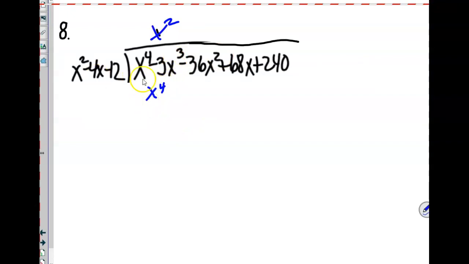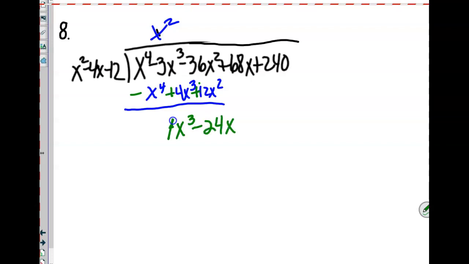All right, so x squared made this x to the 4th minus 4x cubed minus 12x squared. Then if I change some signs so I can just add, this became 1x cubed minus 24x squared, bring down the plus 68x. Okay, what do I need to multiply x squared by to get a positive 1x cubed?